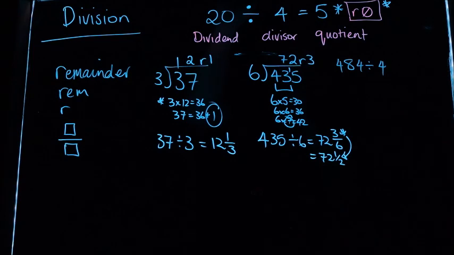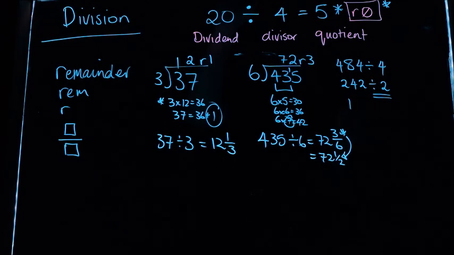Now, if you've got even numbers, 2's a common factor to both these numbers. So you can do things like this. You can halve those numbers. So 242 divided by 2. And that's divided by 2 is kind of easy because we're in a halving game here.